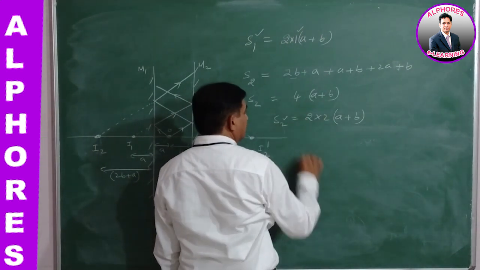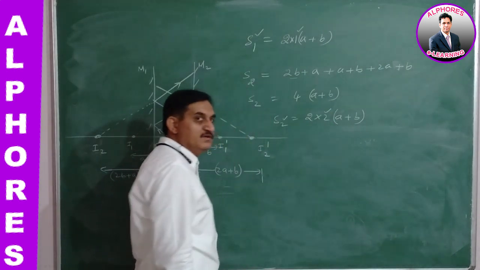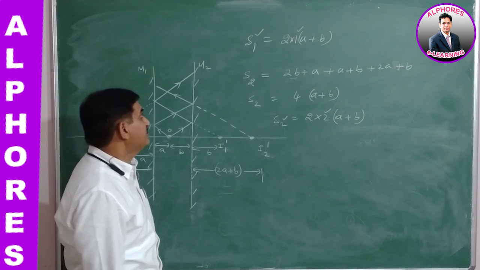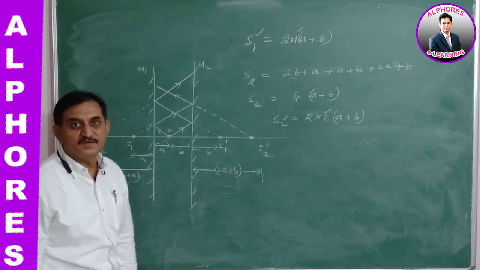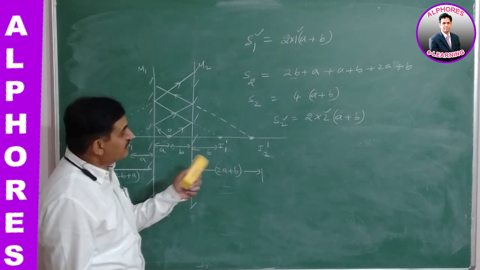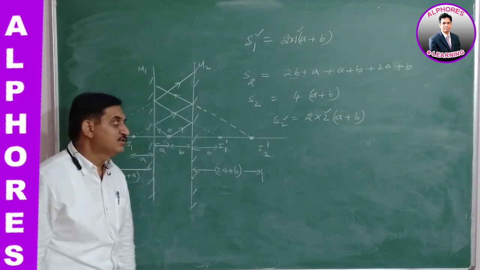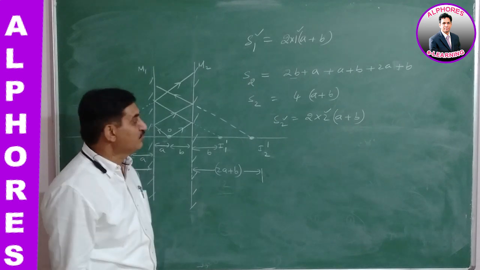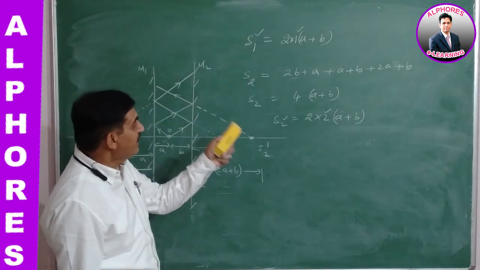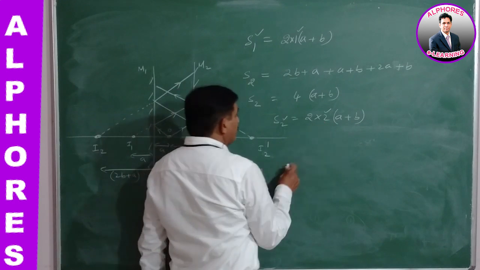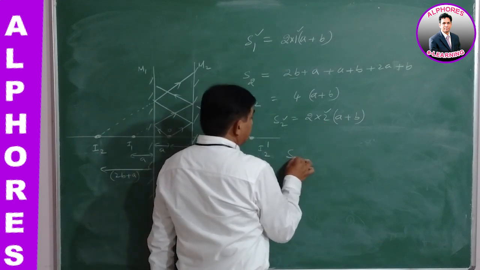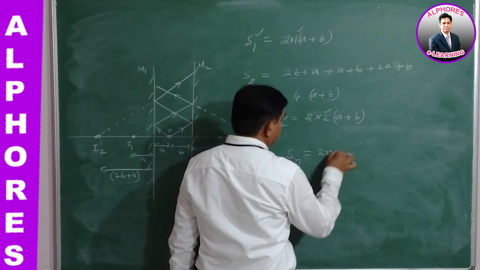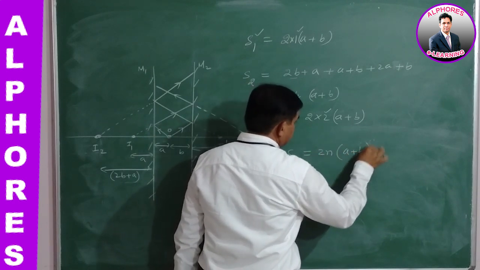For the second order, here 2 comes. We observe that for the first order, 2 into 1, A plus B. And for the second order images, the separation is 2 into 2, again A plus B constant, 2 is constant. But the only changing factor is here 1 and here 2 for second order. For nth order images, the separation Sn is equal to 2 into n, A plus B.